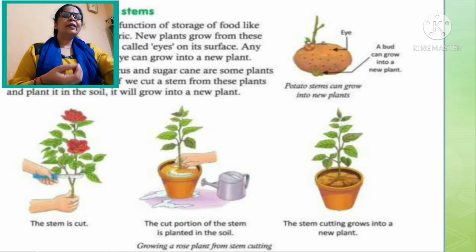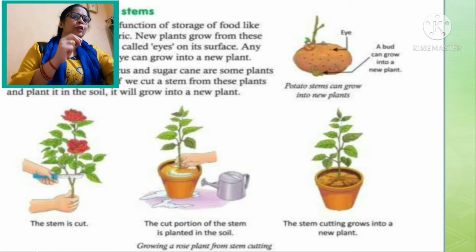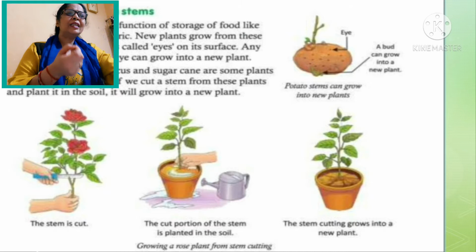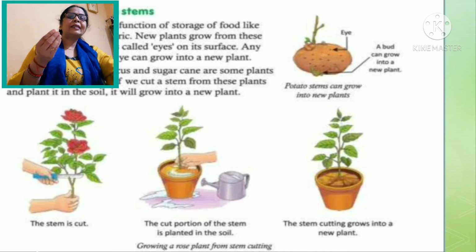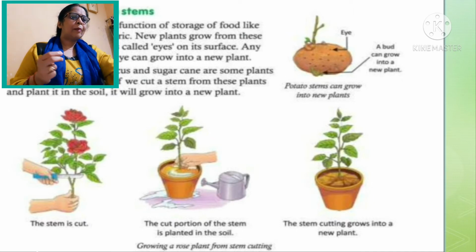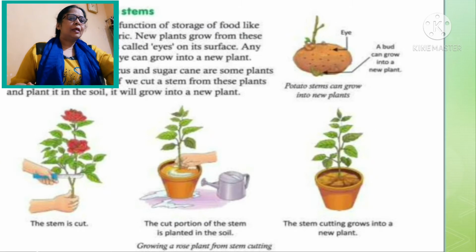In this way they are also dispersed. Some plants produce seeds with a hook-like structure, and due to this structure they stick to the animal's fur and get scattered far and wide as the animal moves from place to place. For example, mistletoe and cocklebur.